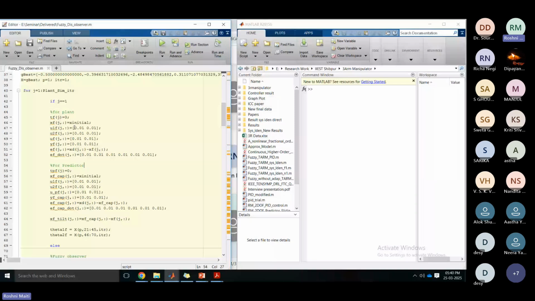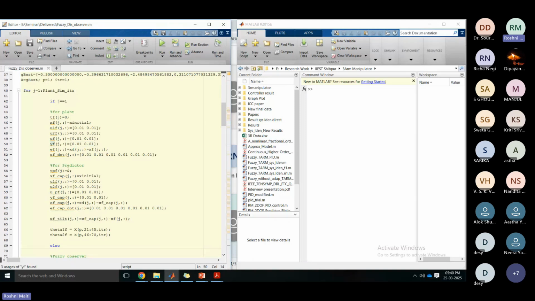And here I have told you that we have 2 control inputs. Here U is our control inputs. So 2 control inputs we have initialized, and these 2 control inputs are for the 2 DC motors of pitch rotor and yaw rotor, and ultimately we will get 2 outputs from this.